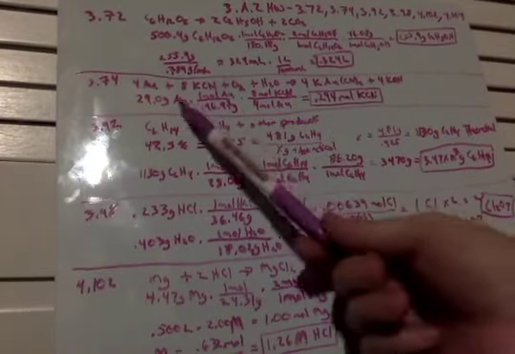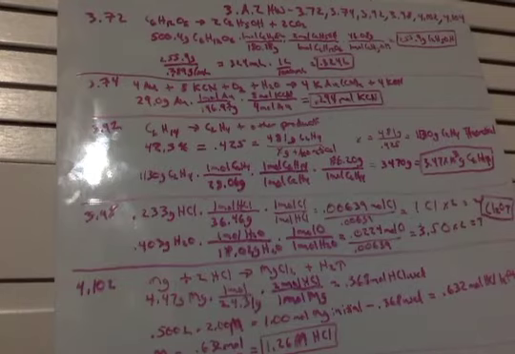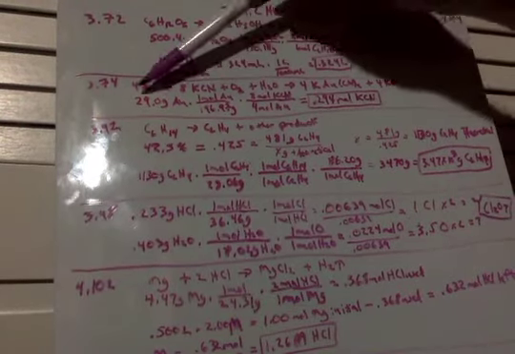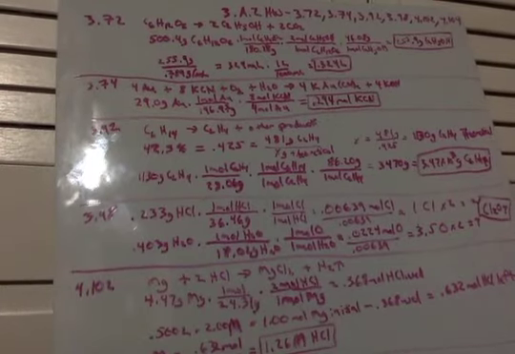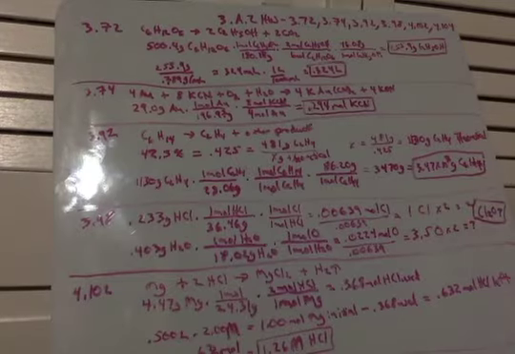First we divide 29 grams by 196.97 grams per mole, and then multiply by the ratio of 8 over 4, and that gets us our moles of KCN. No need to change it to grams.